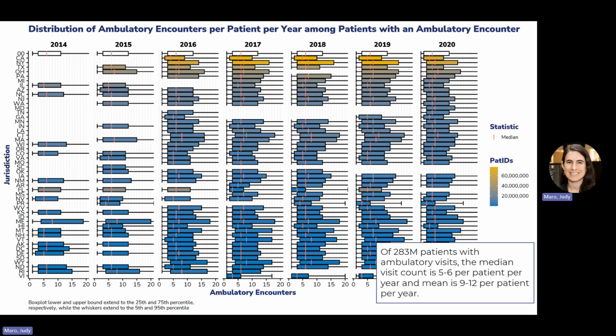So you can see that there are a small number of patients that have a large number of visits per year, and that's why that mean is pulling higher than that median. And if we look across the board, we see that there's more heterogeneity in these types of statistics because there is just a lot more volume of visits, and therefore there's quite a bit larger range of what's included here.